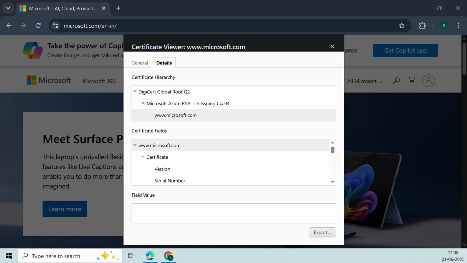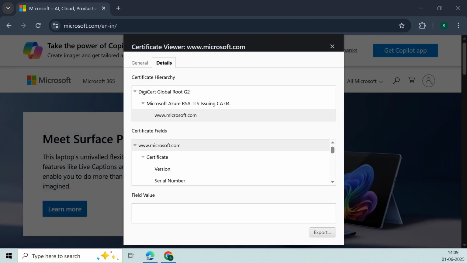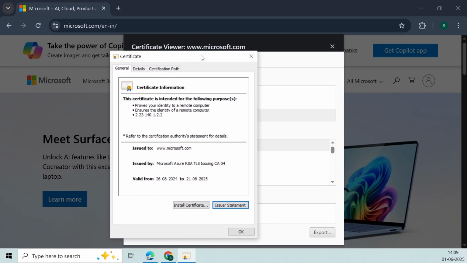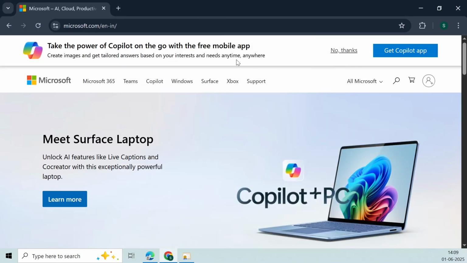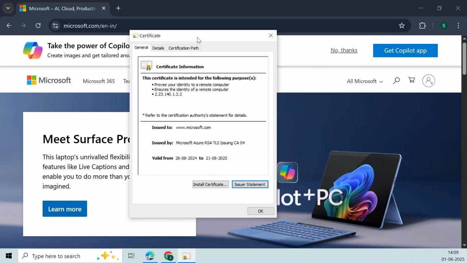Yes, now I have downloaded the certificate. Now I have just opened that up for viewing the details. So this is how a certificate looks like.